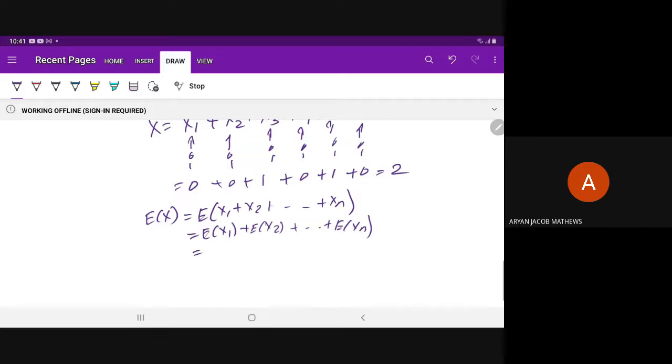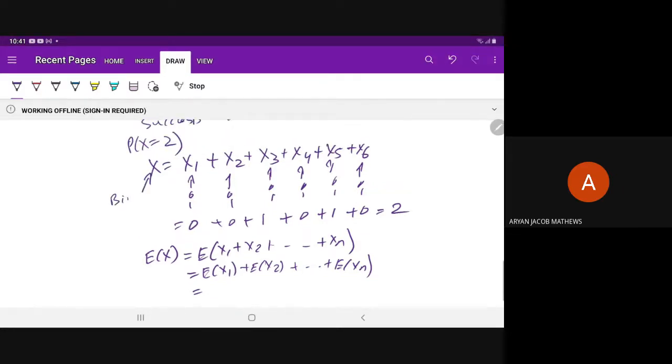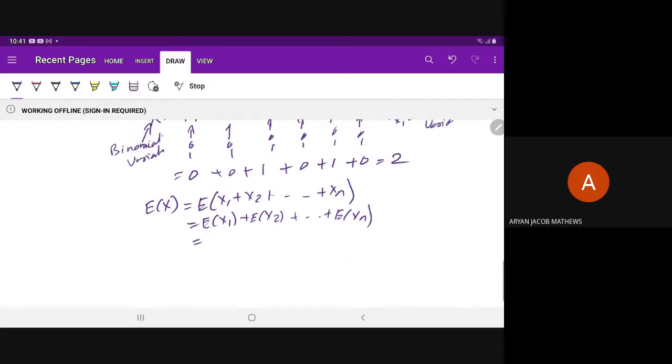Here X is a binomial variate and these Xi are Bernoulli variates. So it will become p plus p plus p, that is np.